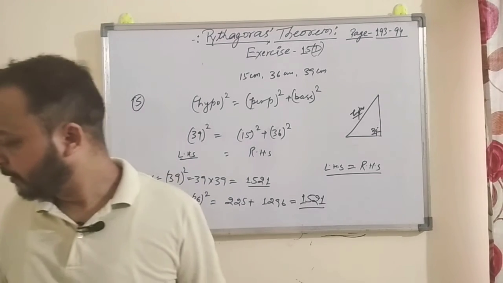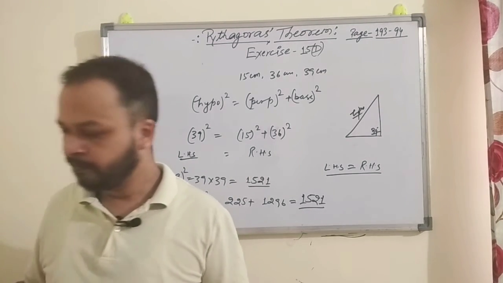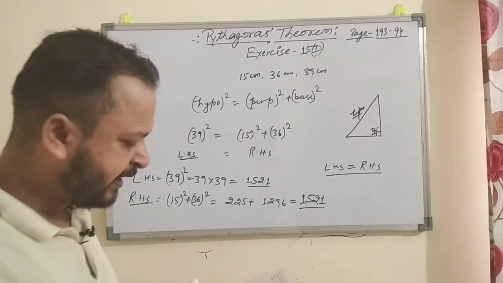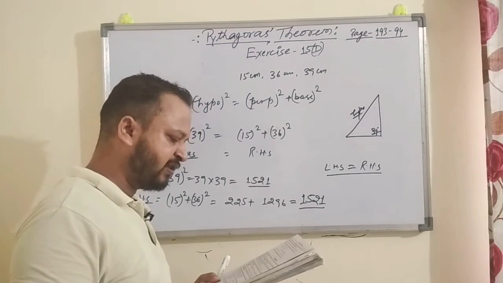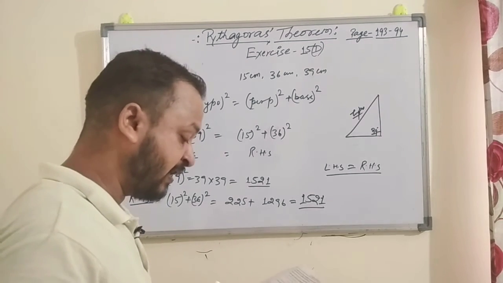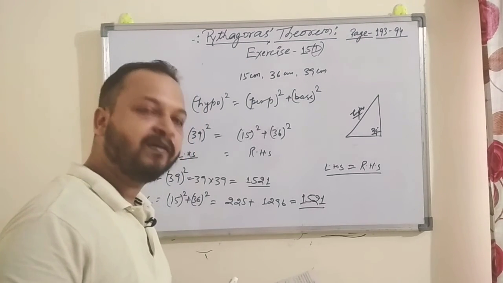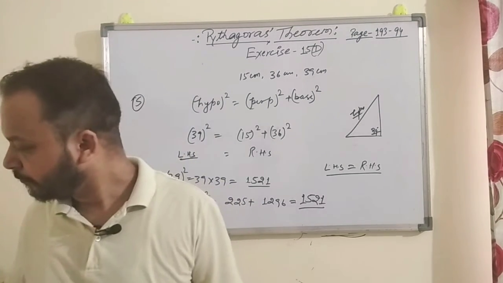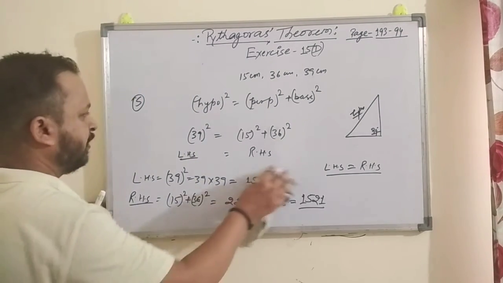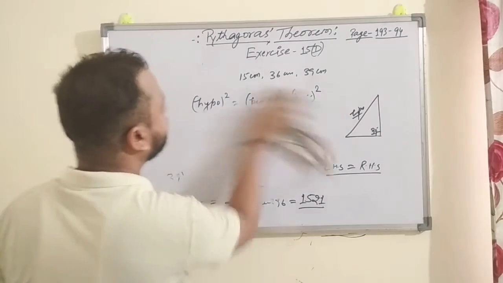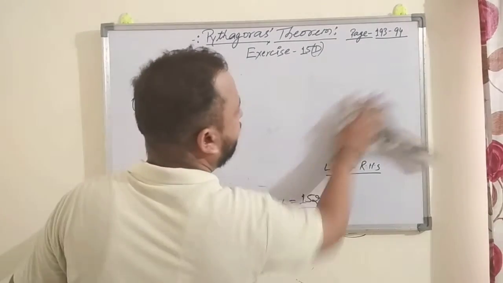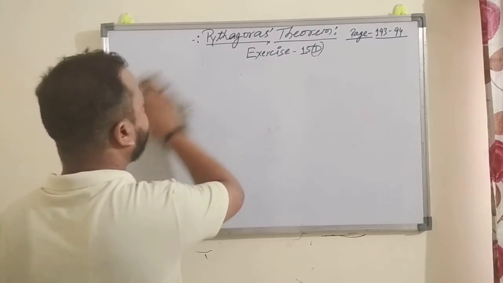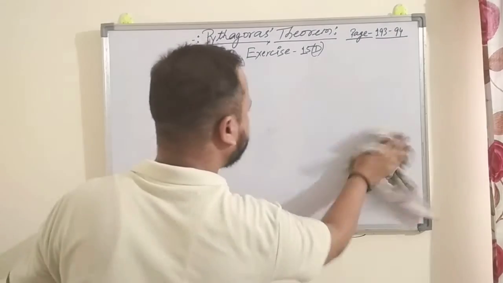So come to question number 6. In a right angle triangle, the lengths of its legs are given as 6 cm and 4.5 cm. Find the length of its hypotenuse. So in this question number 6, two sides are given.